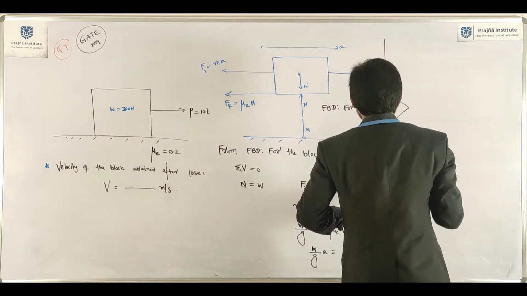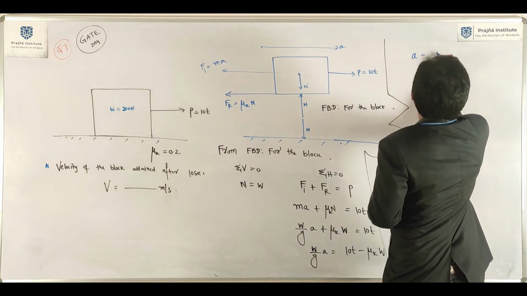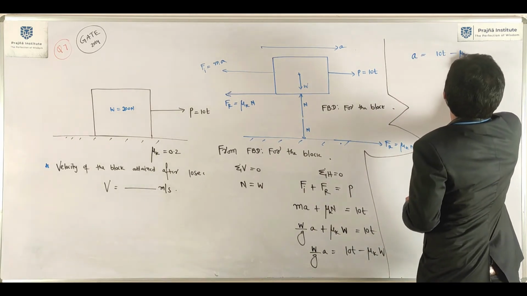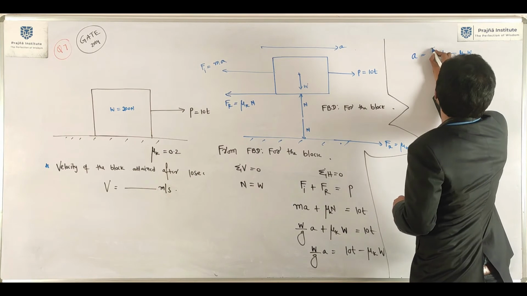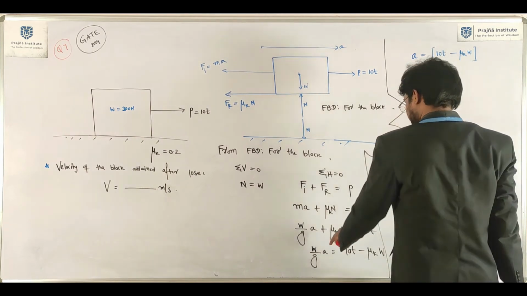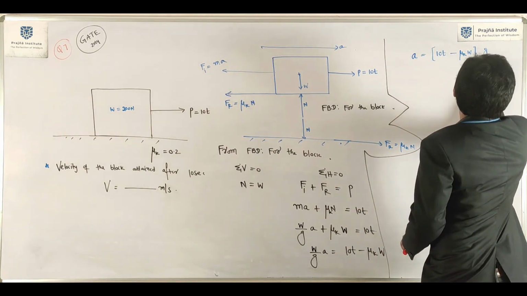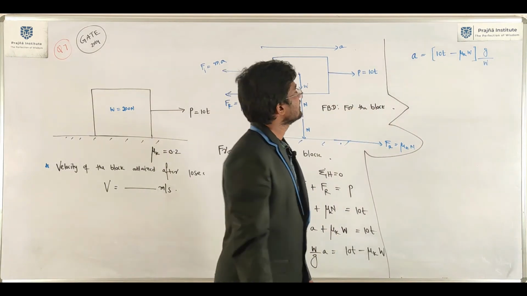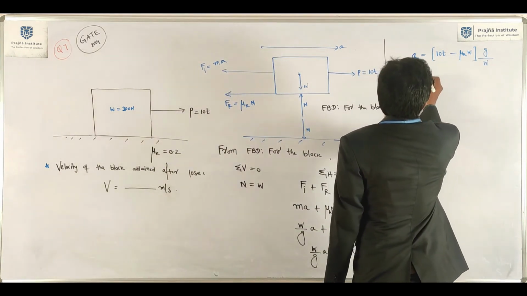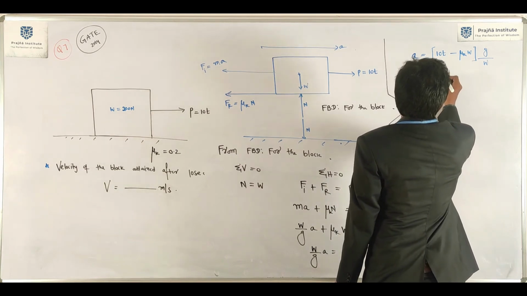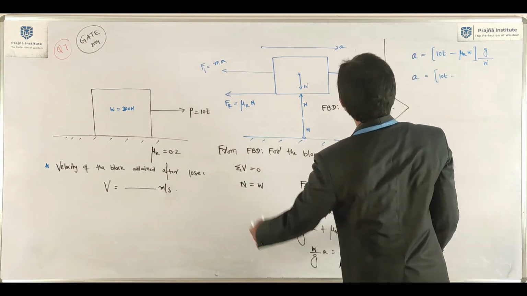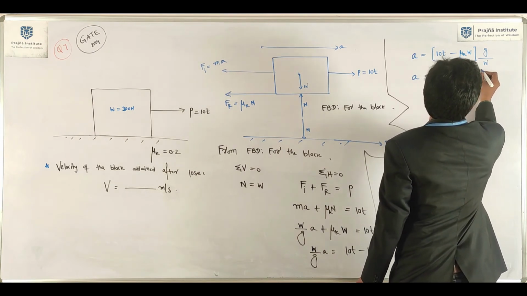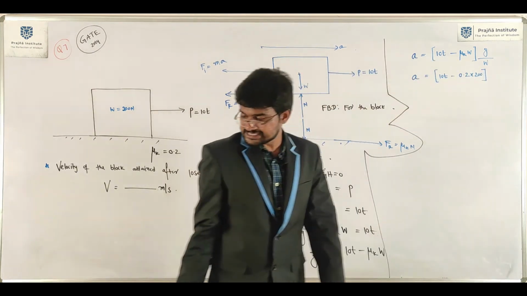What is the acceleration here? 10t minus mu K W, into g by W. Now, acceleration A equals 10t minus mu K, in the sense 0.2, times 200 Newton. Is the g value given or not?